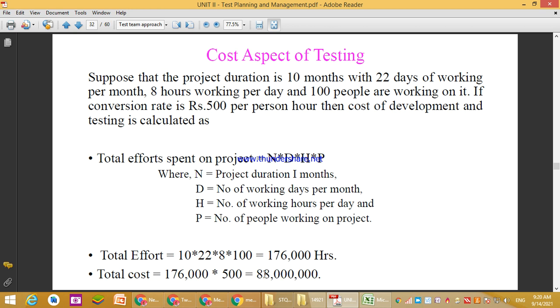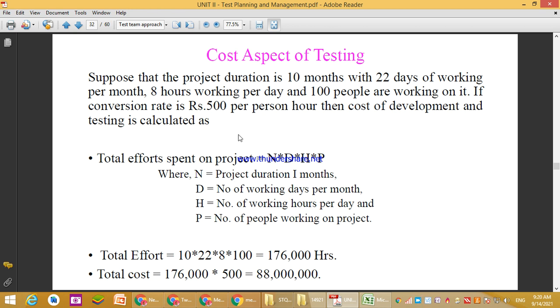If a specific software application has such figures for testing, then the total cost required for testing that particular software application is 8 crore 80 lakhs. This is how it is calculated.